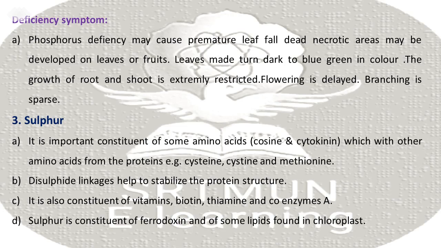This disulfide linkage helps to stabilize the protein structure. It is also a constituent of vitamins, biotin, thiamine and coenzymes. Sulfur is a constituent of ferredoxin and of some lipids found in chloroplast.